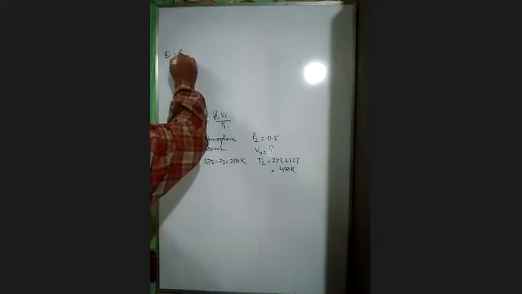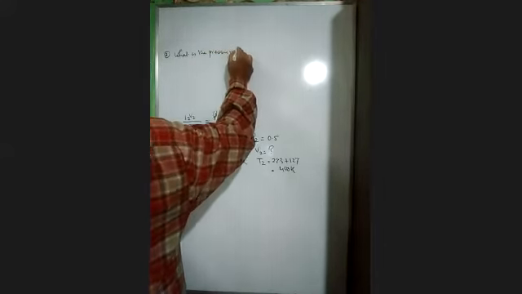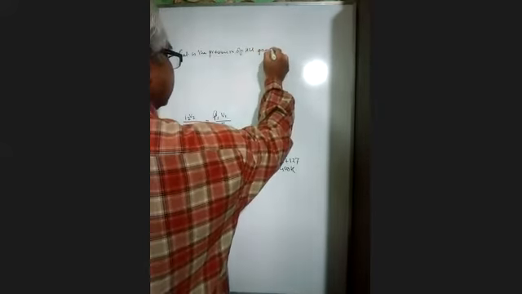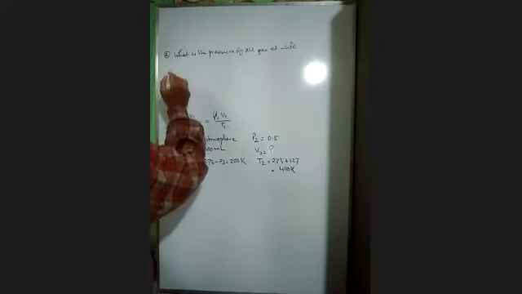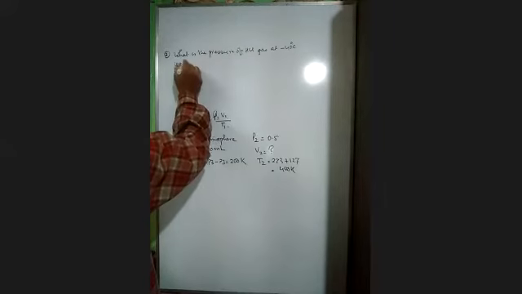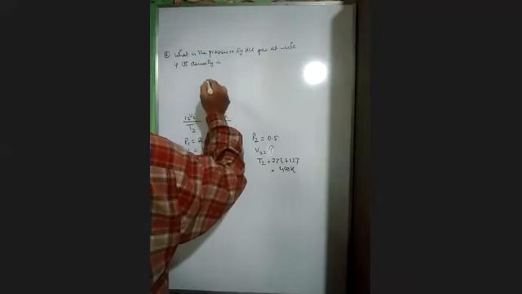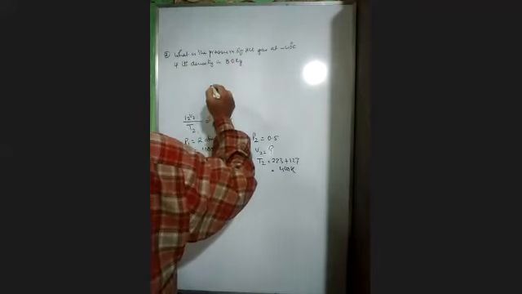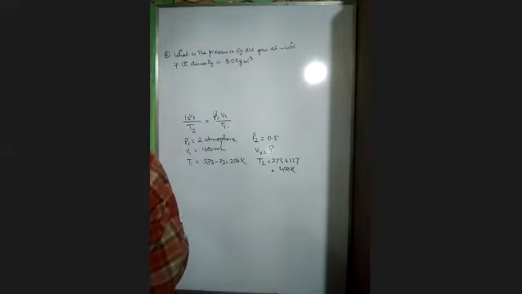What is the pressure of HCl gas at minus 40 degrees Celsius if its density is 8.0 kg meter cube inverse?